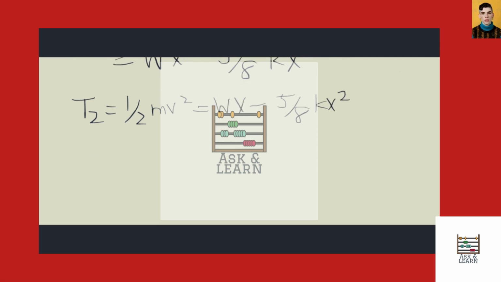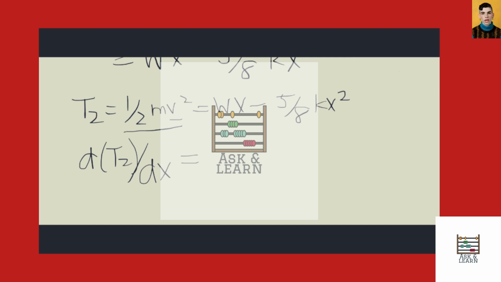We're asked to solve for maximum velocity. It's a little difficult to do that directly because we have a velocity squared term, but we know that if we maximize kinetic energy, we are inherently maximizing the velocity because the mass is the same. So we're going to take the derivative of kinetic energy, the derivative of T2 with respect to x, to solve for the position at which we have the maximum velocity.